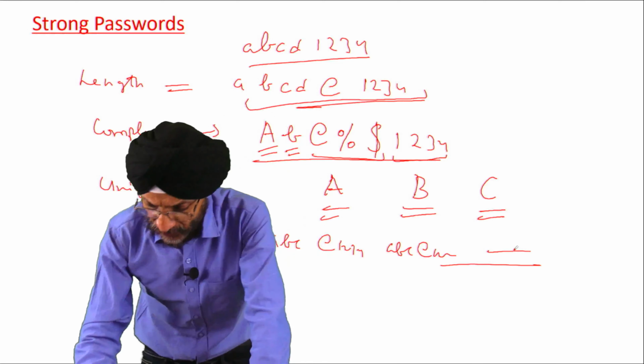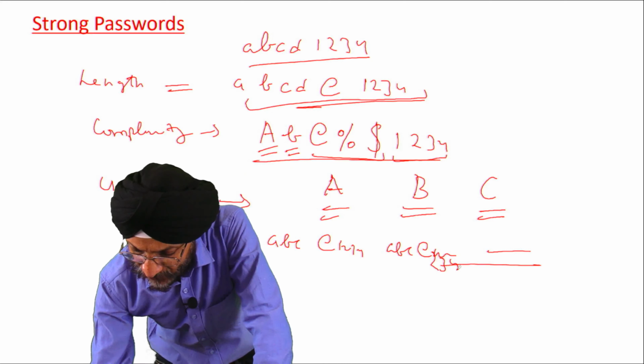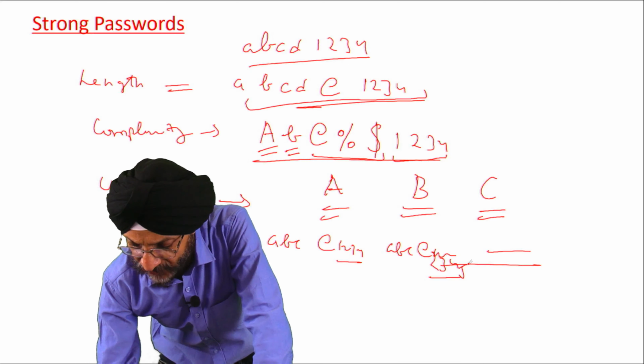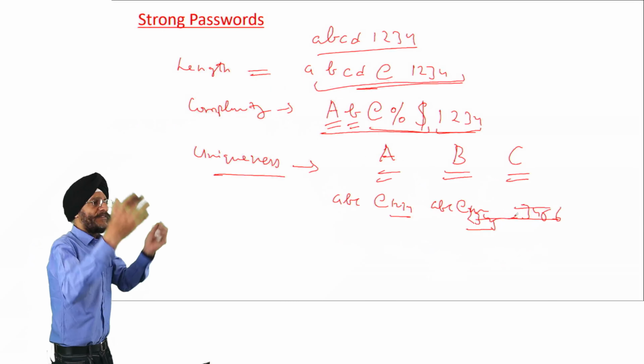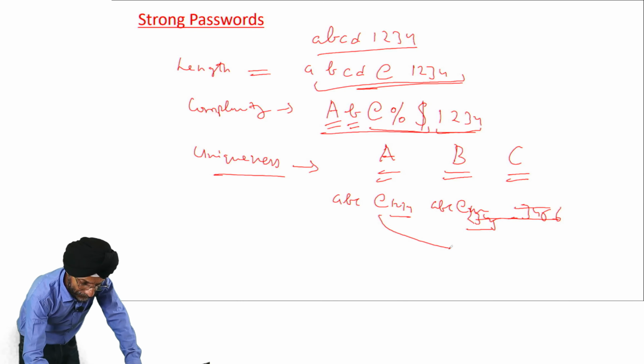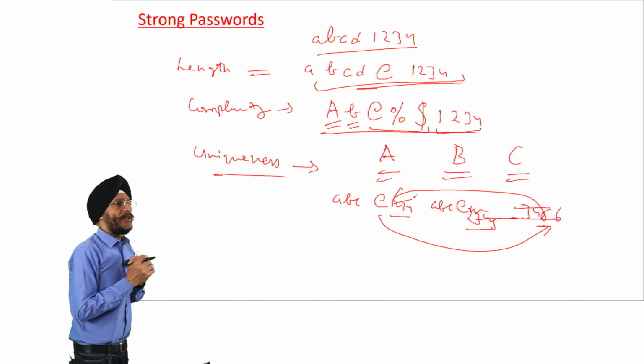Sometimes we think that here we keep 1 2 3 4, here 2 3 4 5, here 3 4 5 6, and after some time we change it in this way. That should not happen either.